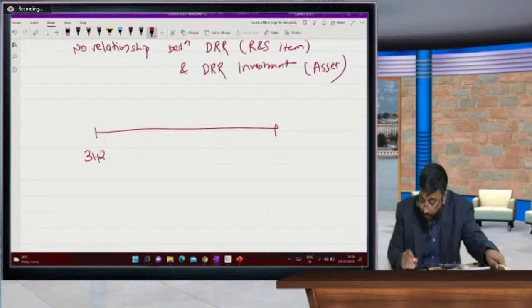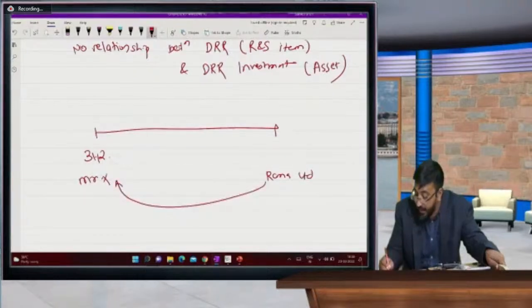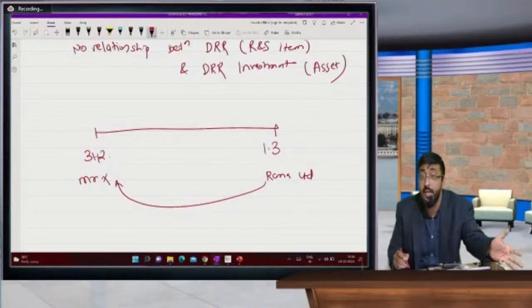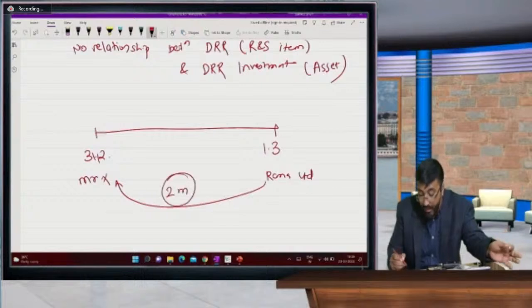Suppose Mr. X and Rama Limited is taking this debenture on 1st of March. So Mr. X, obviously, will demand January and February, 2 months interest.